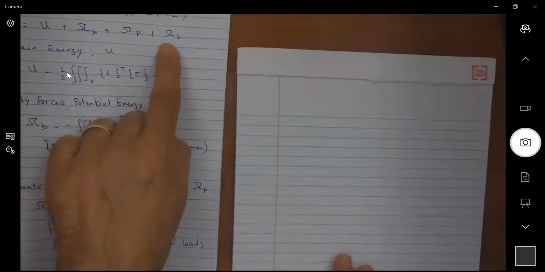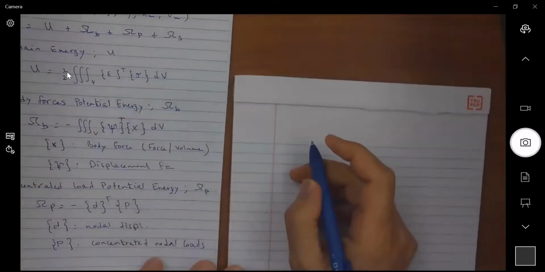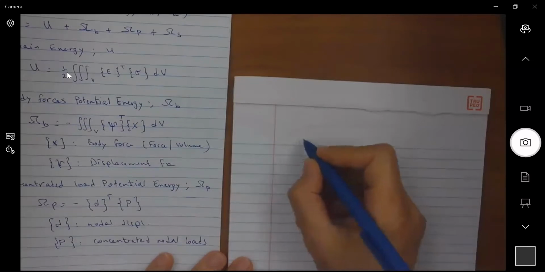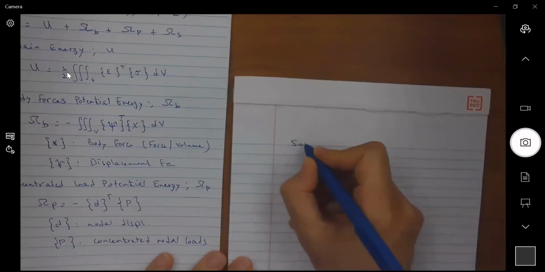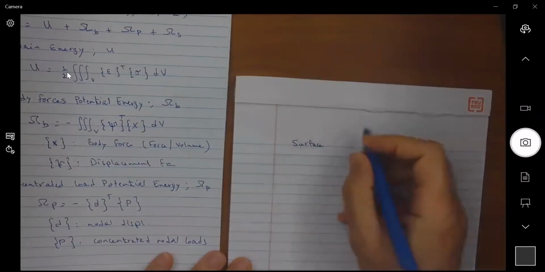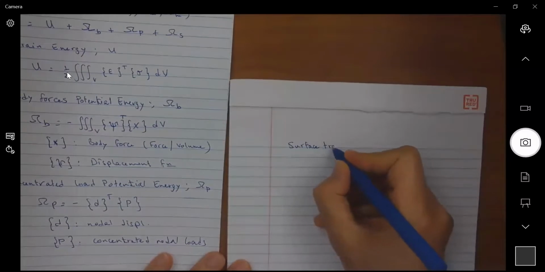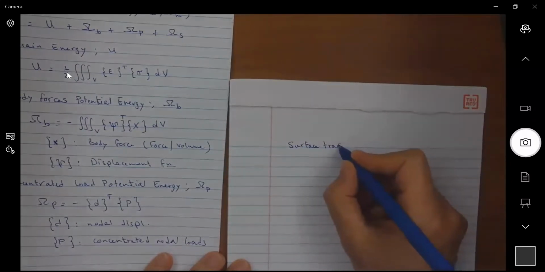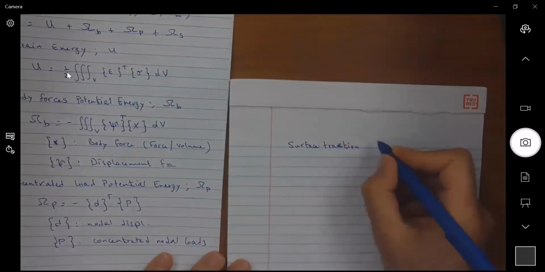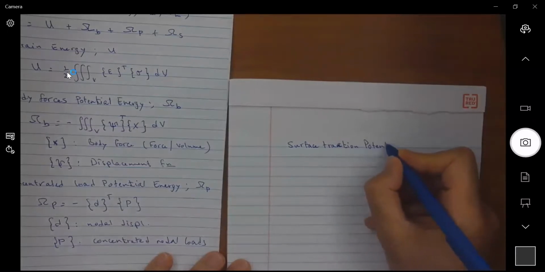And finally, we have here the surface load or surface traction potential energy.